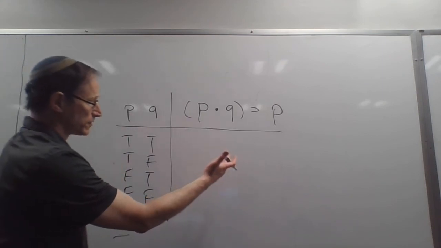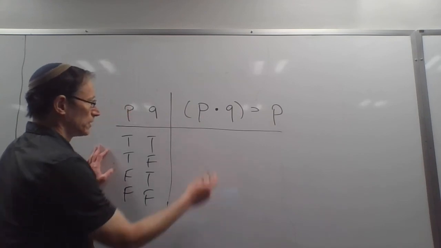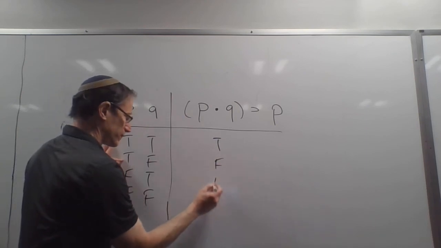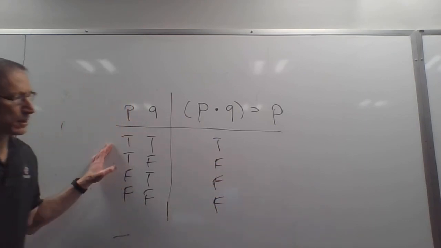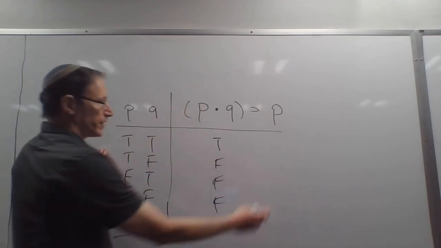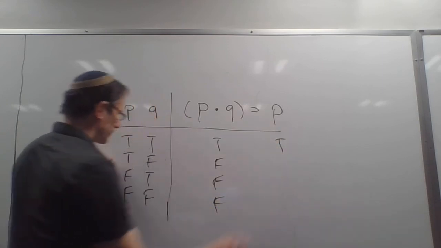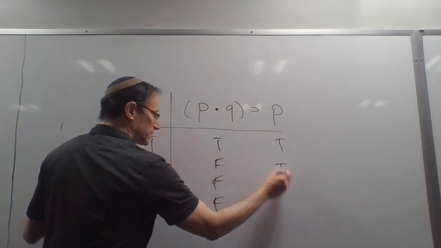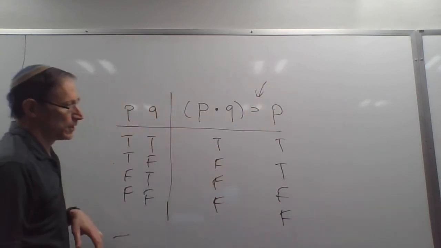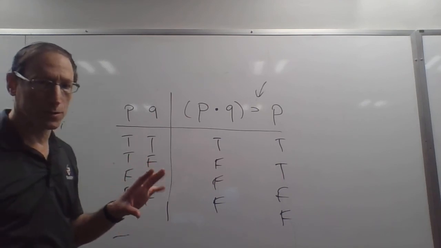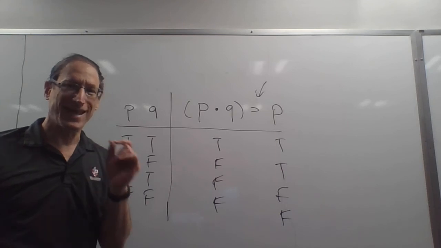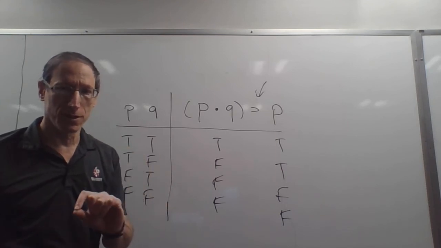And now you're going to look at this and say, well, P and Q is going to be true here, and it's going to be false, false, false, because P and Q is only true when both components are true. Now over here, I'm just going to copy over the value of P: T, T, F, F. And now the major operator is the horseshoe. With the horseshoe, the only time it is false is when the antecedent is true and the consequent is false.